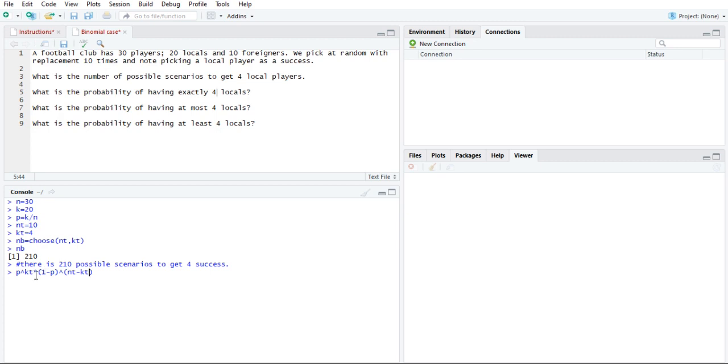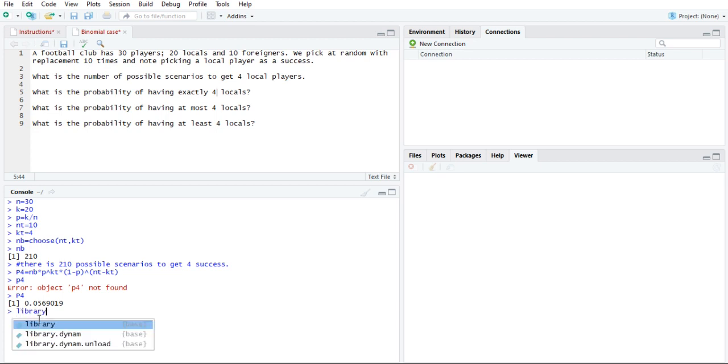And to get the whole probability, we multiply by the number of scenarios. So we call it P4. So P4 equals 5.6%.